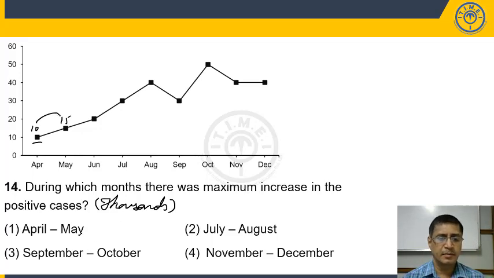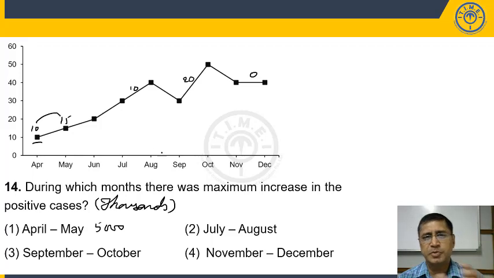Am I right? It is 5,000. And whereas July and August, 30 and 40, it increases by 10. September, November, 30 is becoming 50. Increase by 20. And November and December there is no increase.